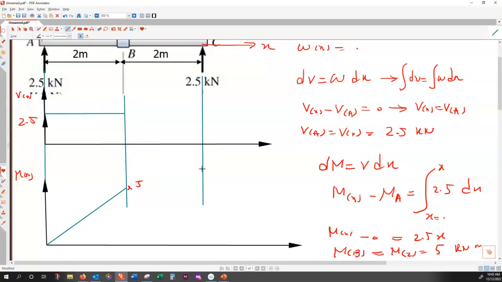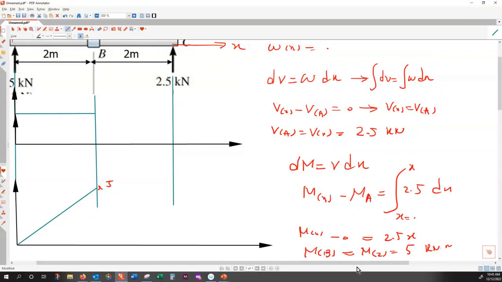In the second zone, we have to repeat the very same procedure. So let me guide you through that.